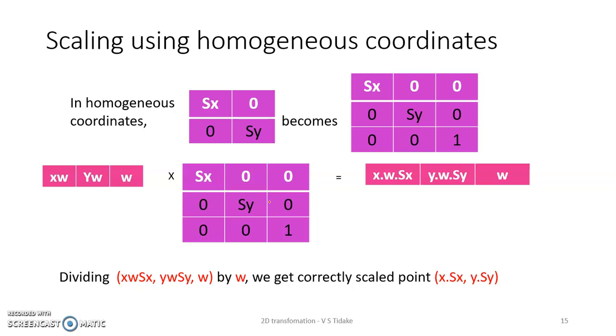We will get a scaled point as x into w into Sx, y into w into Sy and w. When we divide this by w, then we get the correctly scaled point as x into Sx and y into Sy, which is a point in 2D.